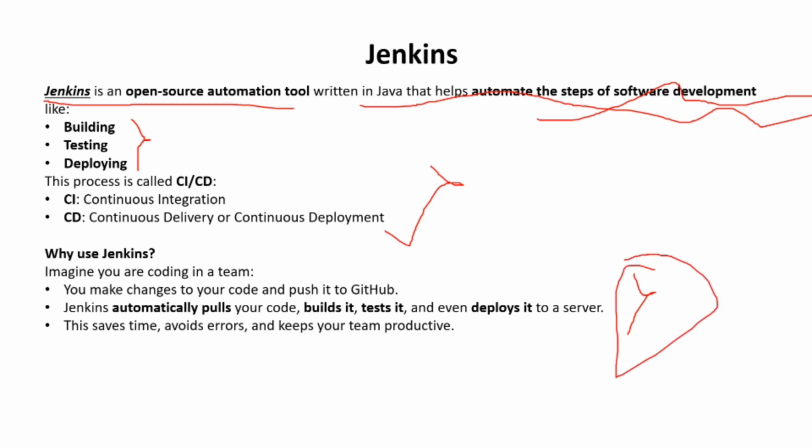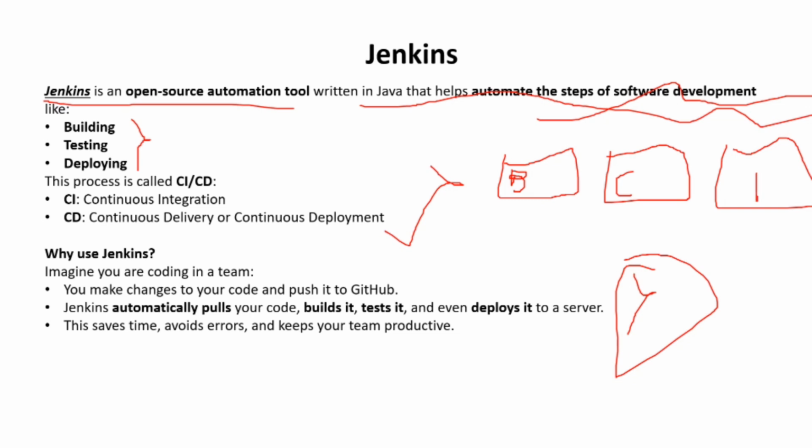So Jenkins is like a pipeline. Think of it like this: here it will build, here it will code, test, and that's how the pipeline is built. It also avoids errors.